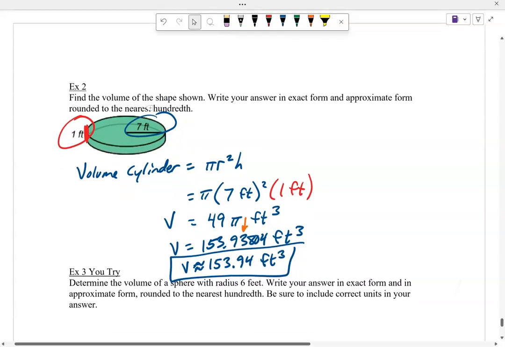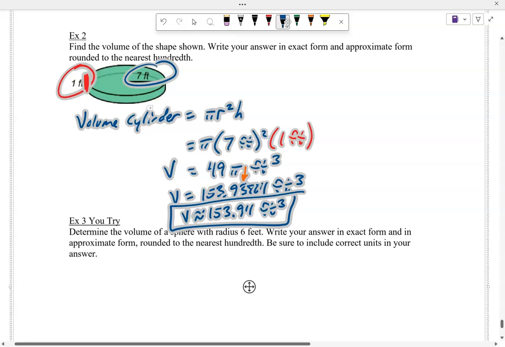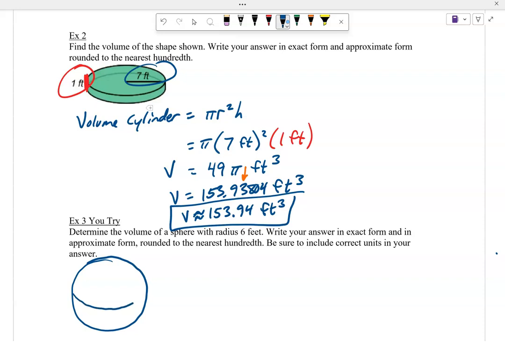And then our next one here, we've got a sphere. I could draw a sphere as best I can. You've got a radius it's given you of 6 feet.